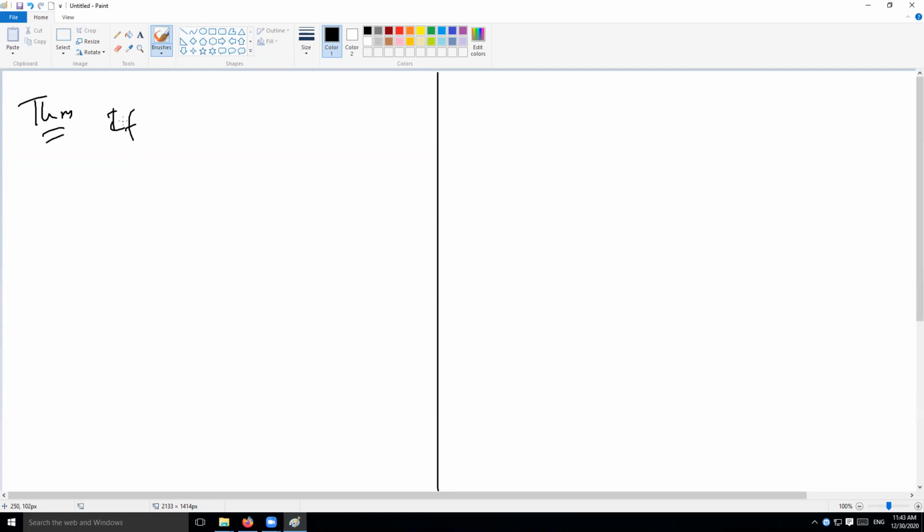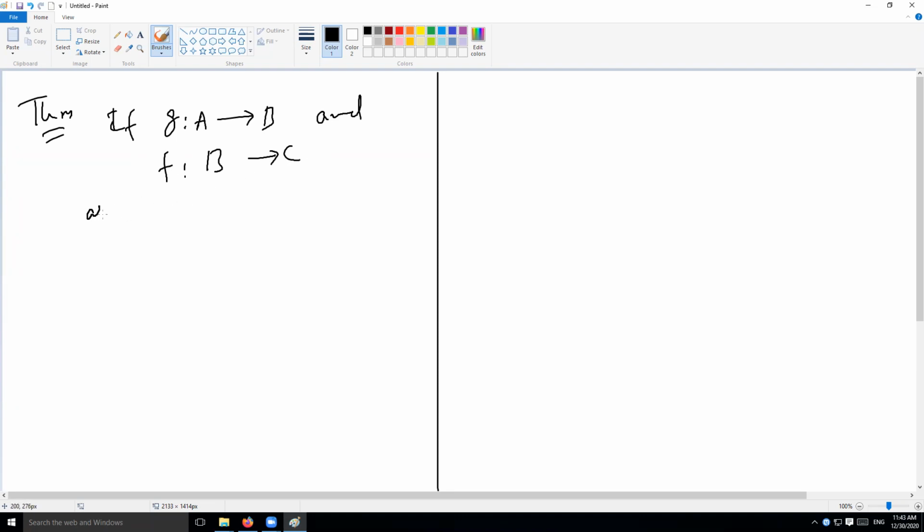ठीक. Okay. So first, you have a function G from A to B, and F is a function from B to C. ठीक है.